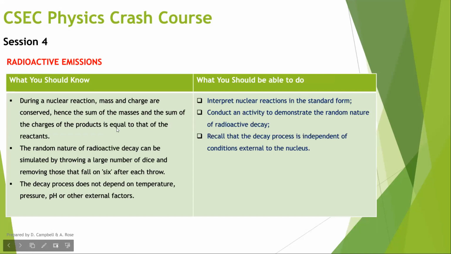All right, so during a nuclear reaction, mass and charge are conserved. So the sum of the masses and the sum of the charges of the products is equal to that of the reactants.